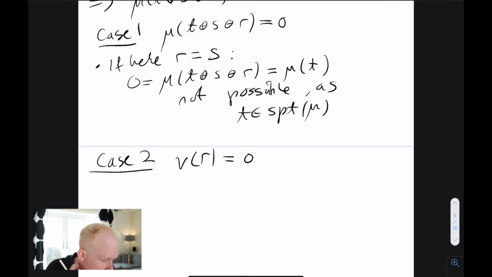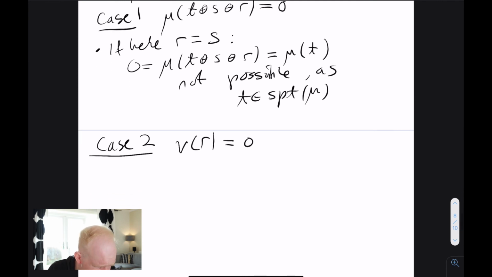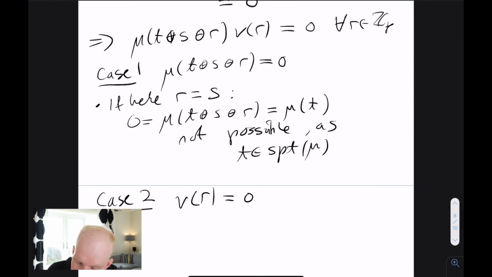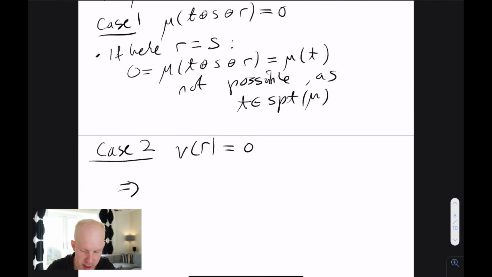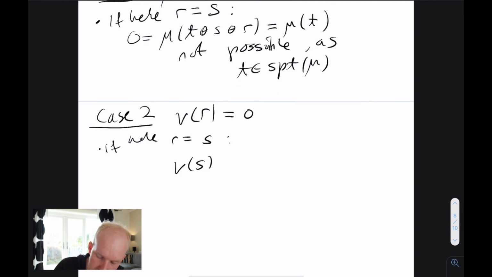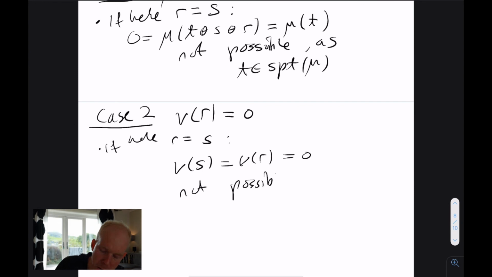In this case, if we again study the case r equal to s, then we obtain that nu(s), which is nu(r), is 0, which is not possible as s belongs to the support of nu.